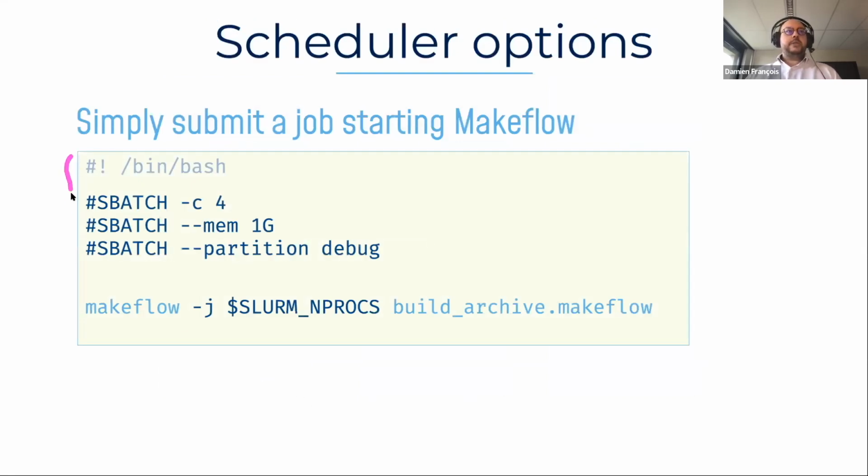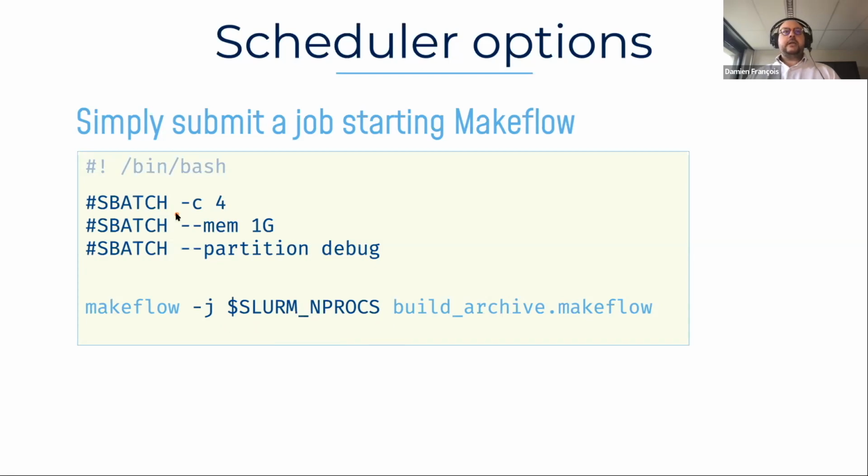You see a basic submission script for Slurm, with some sbatch parameters here, and you see that just like Makeflow has a -j option where you can specify the maximum number of rules that can run in parallel. Typically you will want to make this correspond to the number of processors that you have chosen.